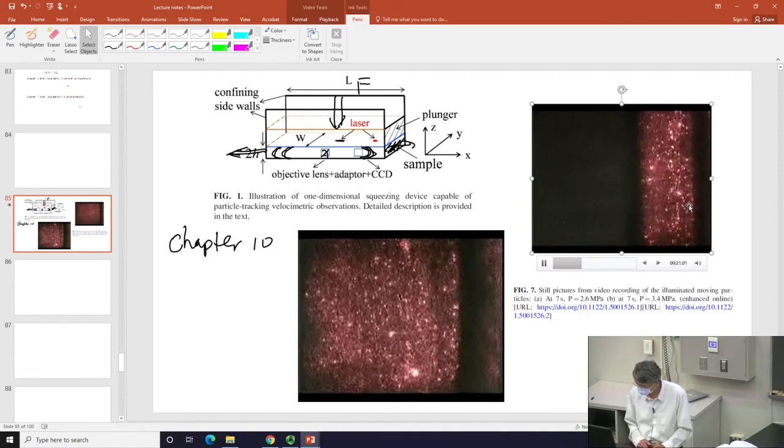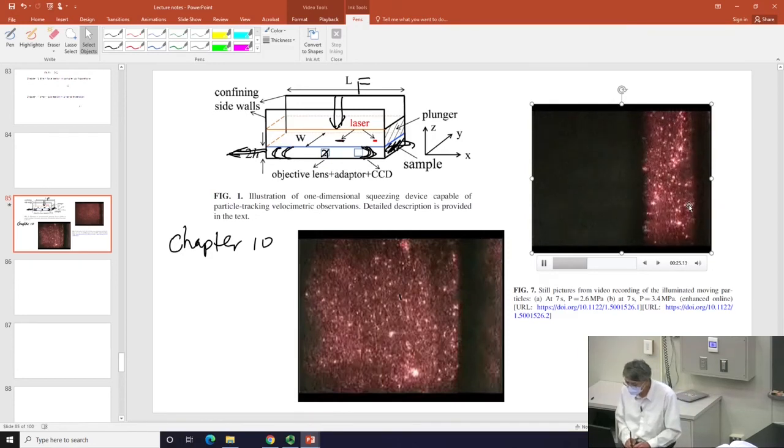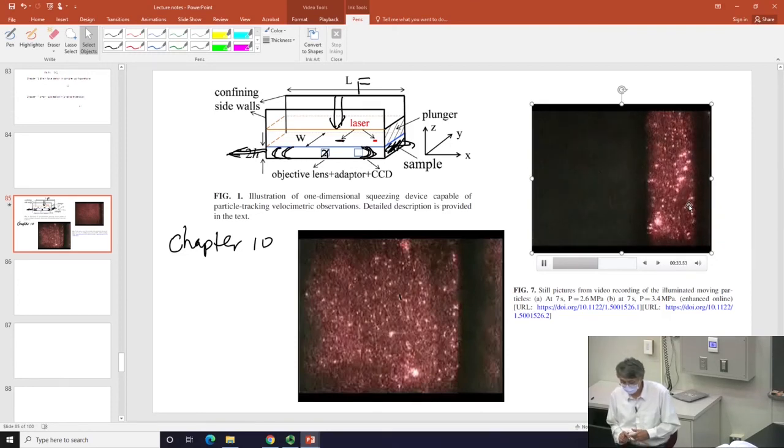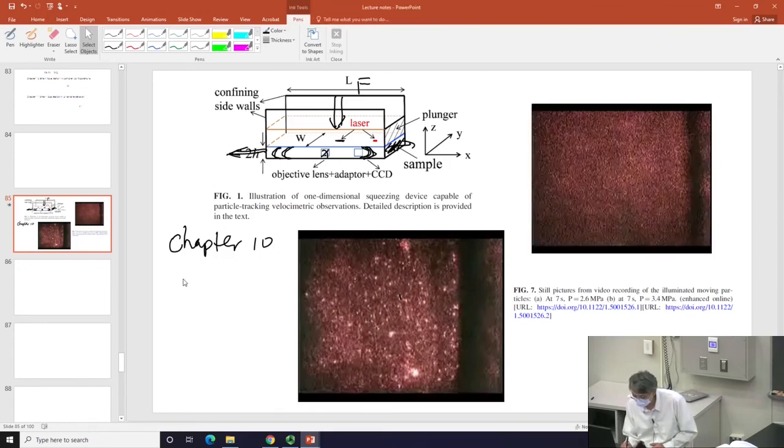So there is actually one article published on this geometry. The chapter 10 had a part describing squeeze because there was the desire to examine our predictions about what happens, as I showed with this diagram.